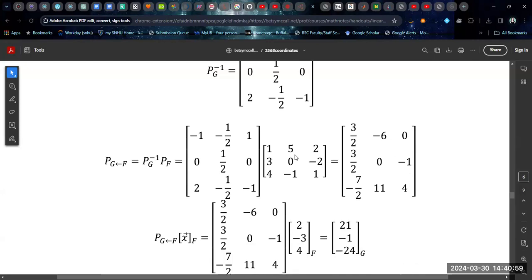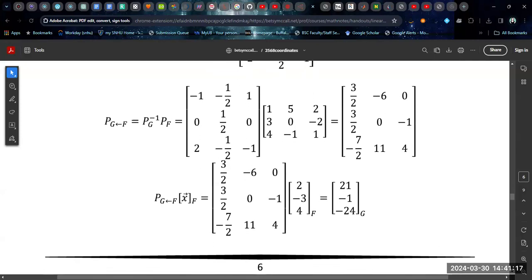And so I multiplied PG inverse times PF. The order of multiplication does obviously matter in linear algebra. And the result that I got was this. And so I'm going to multiply this by the F vector, the representation of my vector in the F basis.